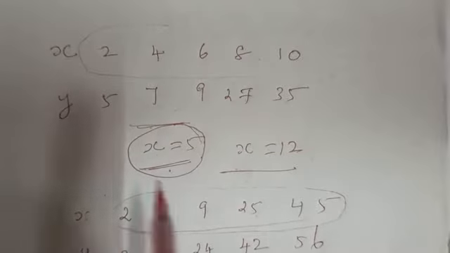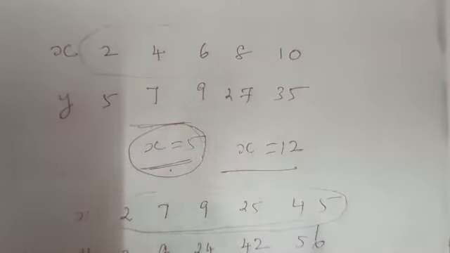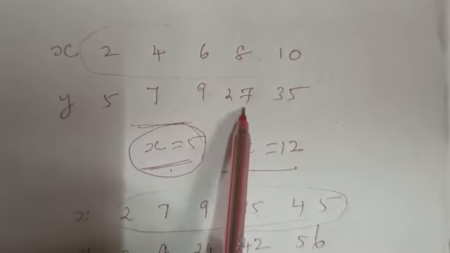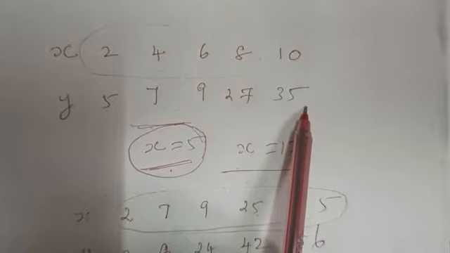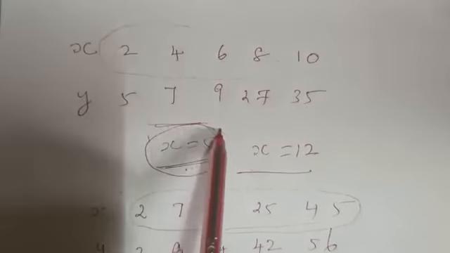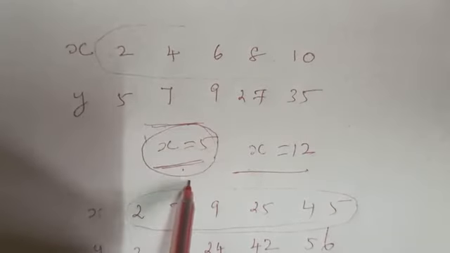Okay, first we will discuss the difference between interpolation and extrapolation. The given x values are 2, 4, 6, 8, 10 like that, and y values 5, 7, 9, 27, 35. Here, to find out for x is equal to 5, what is the corresponding y value?